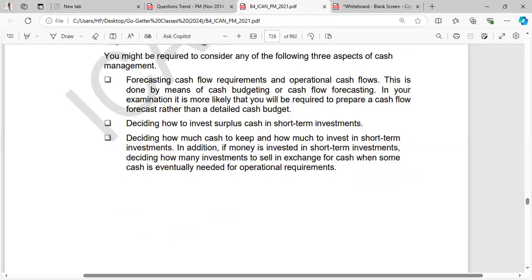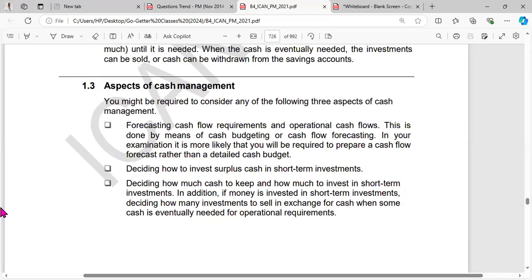You might be required to consider any of the following three aspects of cash management. One, forecasting cash flow requirements and operational cash flow. This is done by cash budgeting or cash flow forecasting.